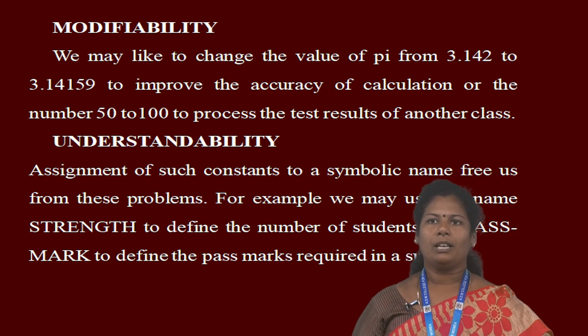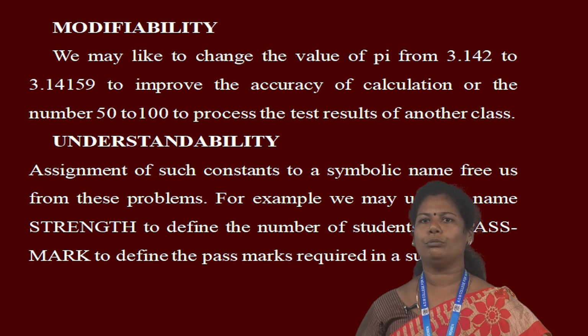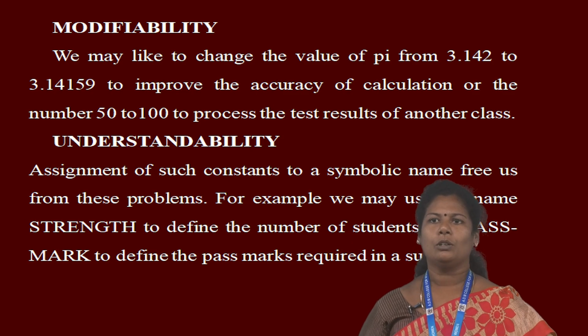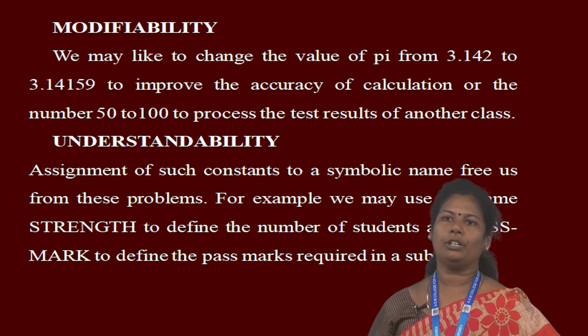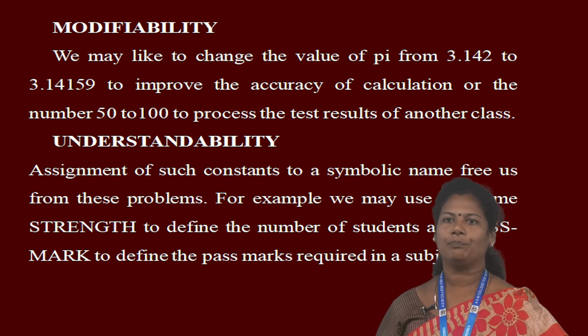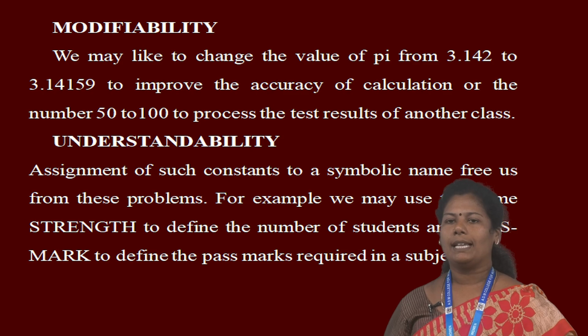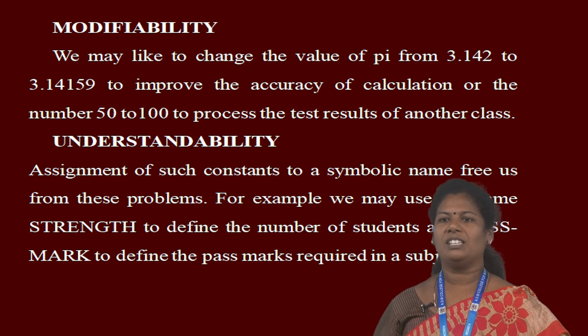Modifiability: we may like to change the value of pi from 3.1422 to 3.14159 to improve the accuracy of calculation, or the number 50 to 100 to process the test results of another class. Understandability: assignment of such constants to a symbolic name frees us from these problems.